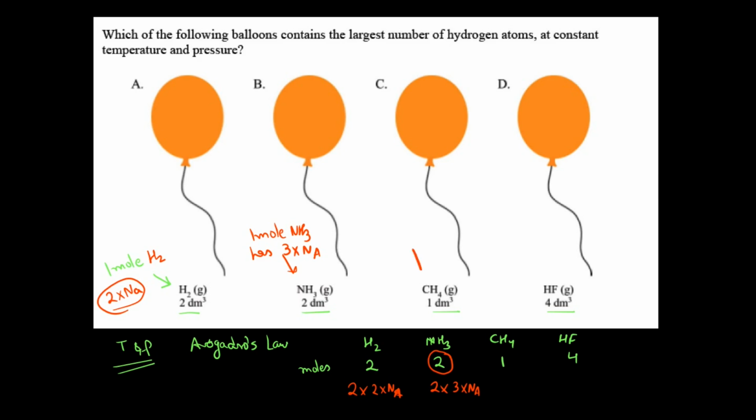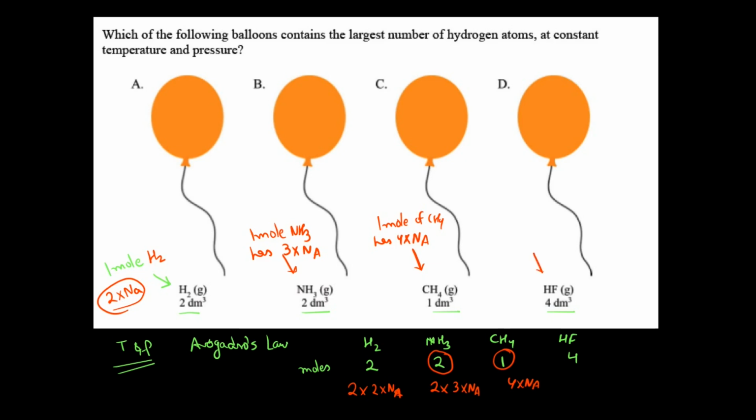Now in methane I know that 1 mole of methane has 4 times Avogadro number of atoms of hydrogen. Therefore 1 mole will have how many? Same, 4 times Avogadro number of atoms of hydrogen.